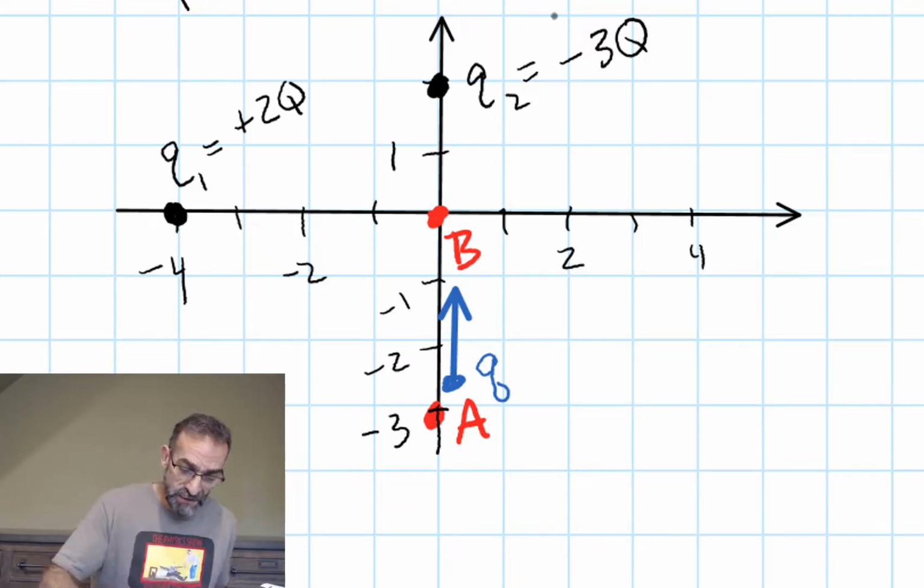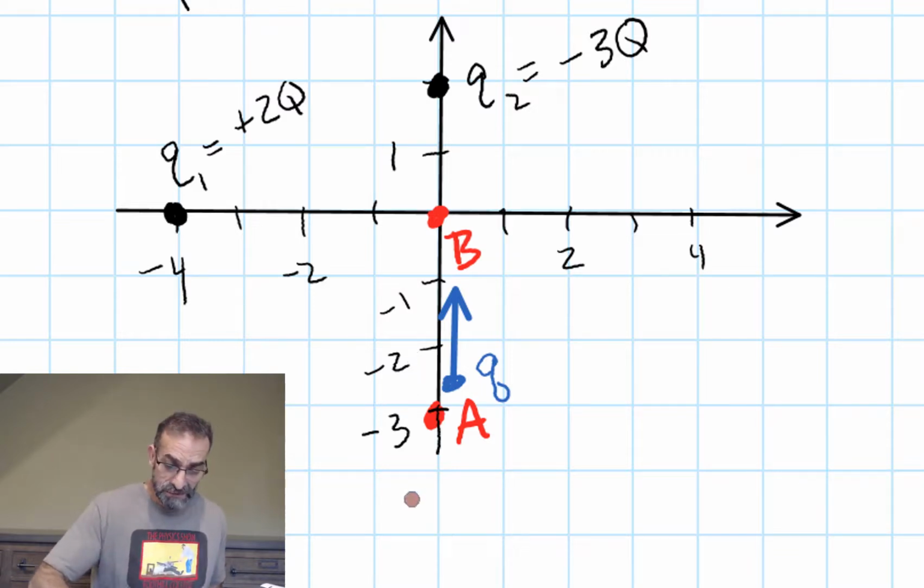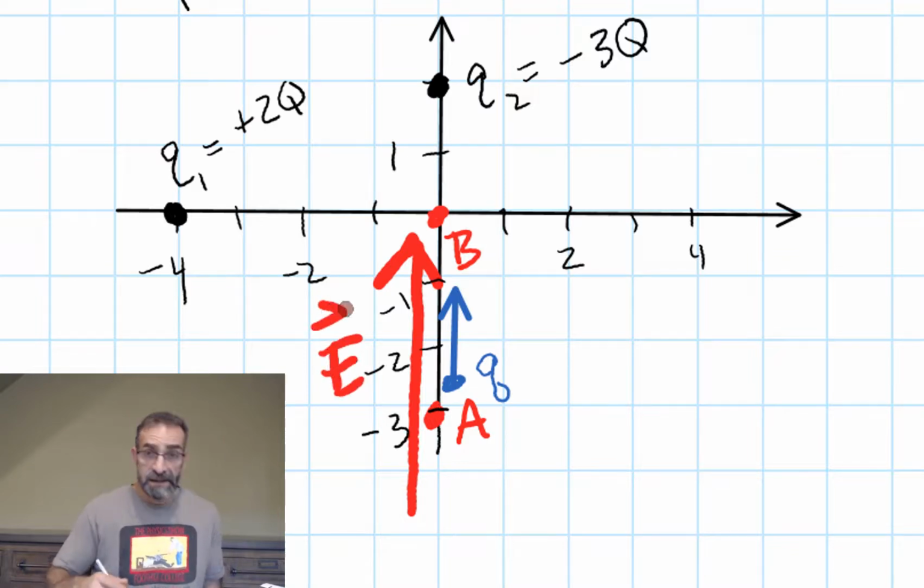So we know our electric field has to have some components, some part of the electric field has to be pointing from A to B, because the electric field points toward lower electric potential.